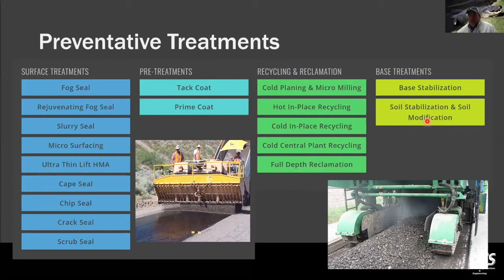And then there's also deeper down, you need base treatments as well. But again, primarily when we're looking at preventative treatments as far as pavement preservation, especially in Florida, the primary ones are the surface treatments. Full depth reclamation, you will see a lot in Florida, but it is still not a surface treatment. It is something that you have to mill all the way down to the base in order to be able to do the process.